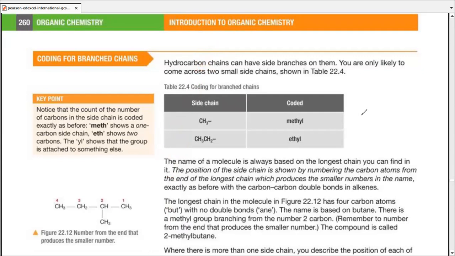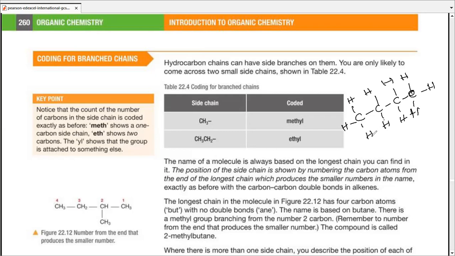For example, this is a simple hydrocarbon-based compound in which all the carbon atoms are in a straight line and the hydrogen atoms are surrounding them. A bit of a poor drawing over here. They shouldn't be intersecting, but it's just a manner of speech.